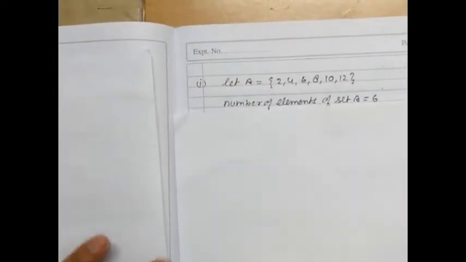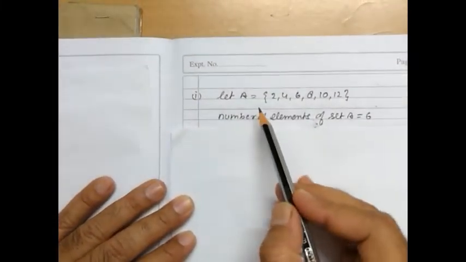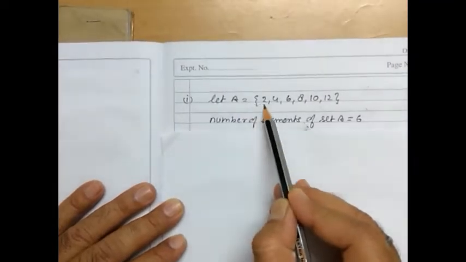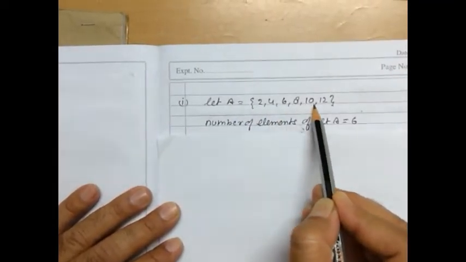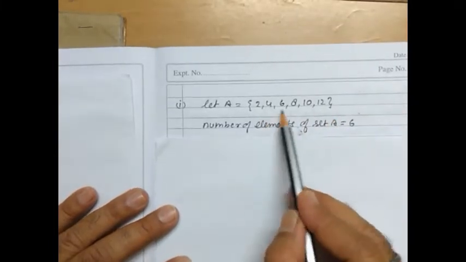Okay, now further we move to more statements through which we will find out what kind of representation the set is given, and which type of set we are talking about. Now here we say let A is equal to 2, 4, 6, 8, 10 and 12. Here we can count the number of elements.